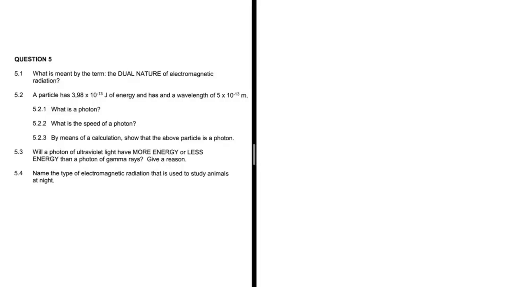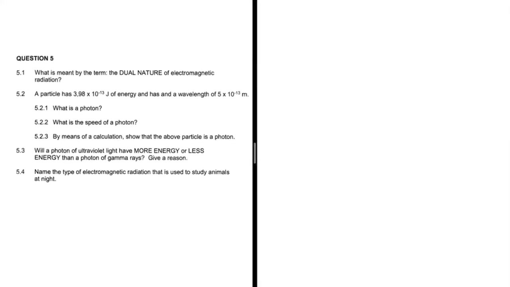To go deeper on that, the diffraction and interference of electromagnetic radiation shows that it behaves as a wave, and the photoelectric effect shows that it behaves as a particle.